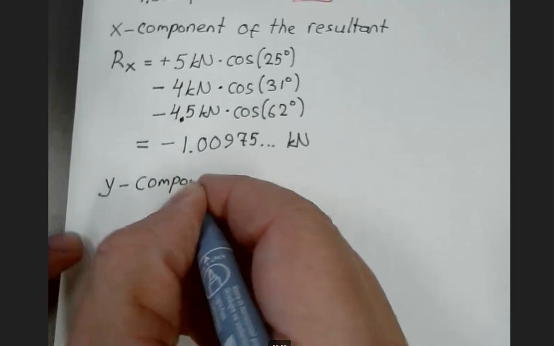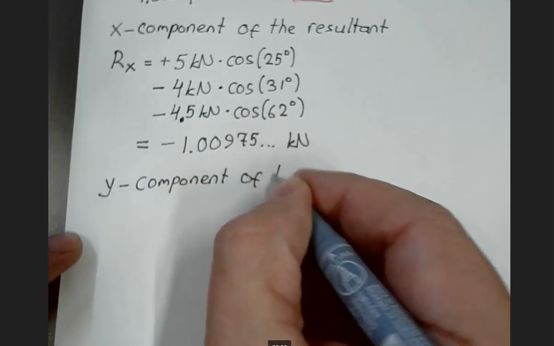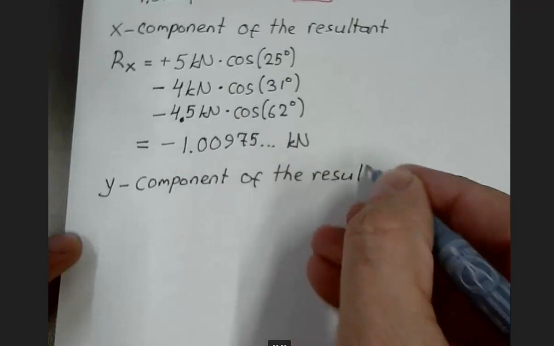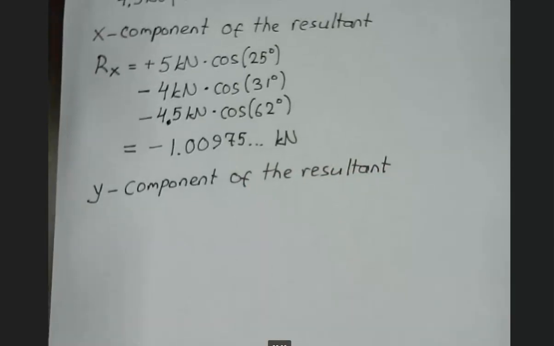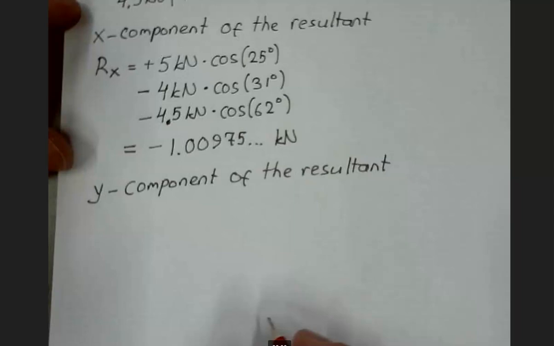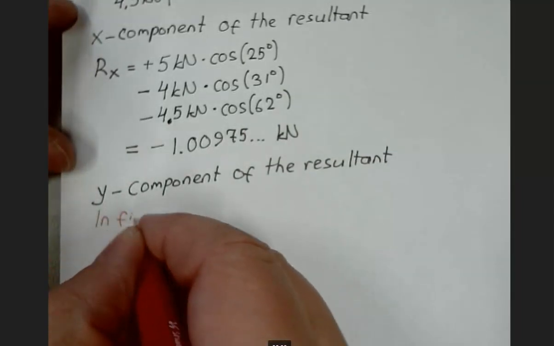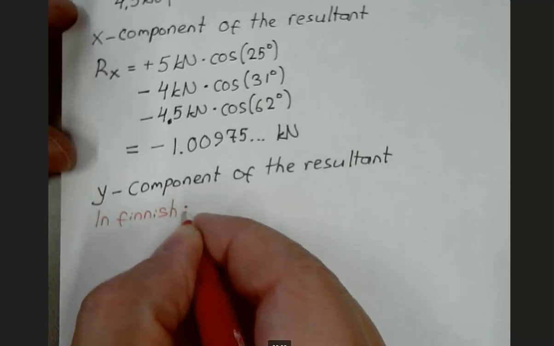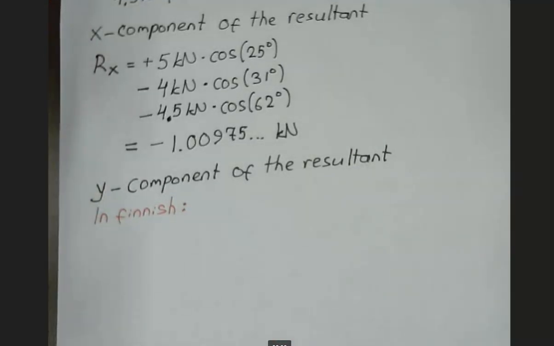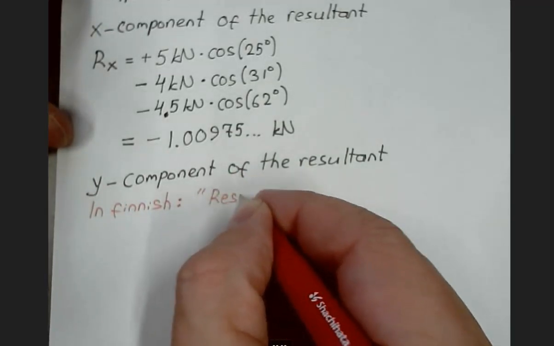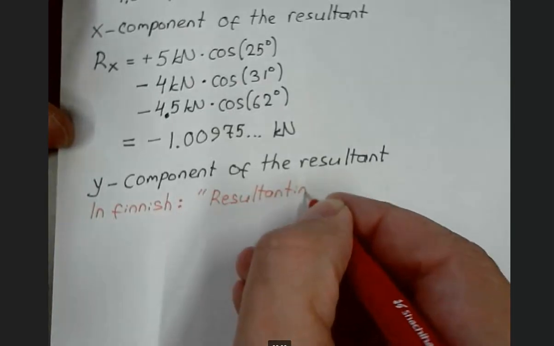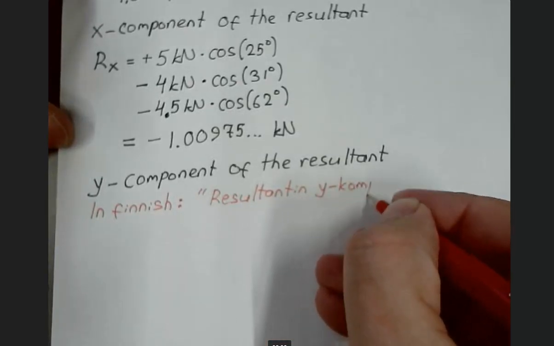Y component of the resultant. In Finnish, when I write this sentence, you can actually understand what I mean, because in Finnish the order of the words is different than in English, but we would say resultantin y-komponentti.